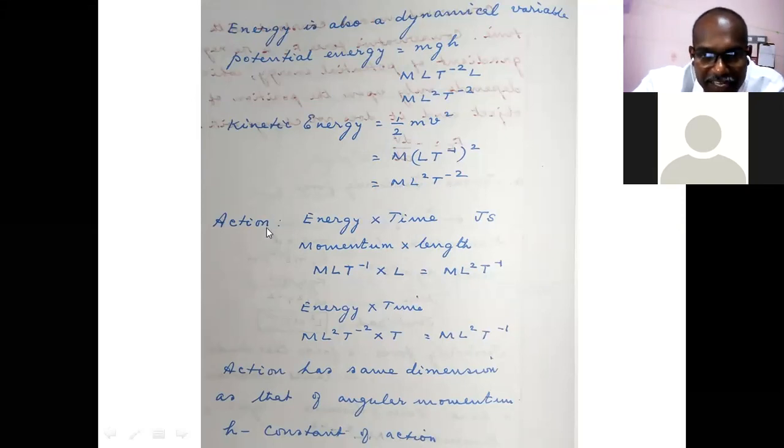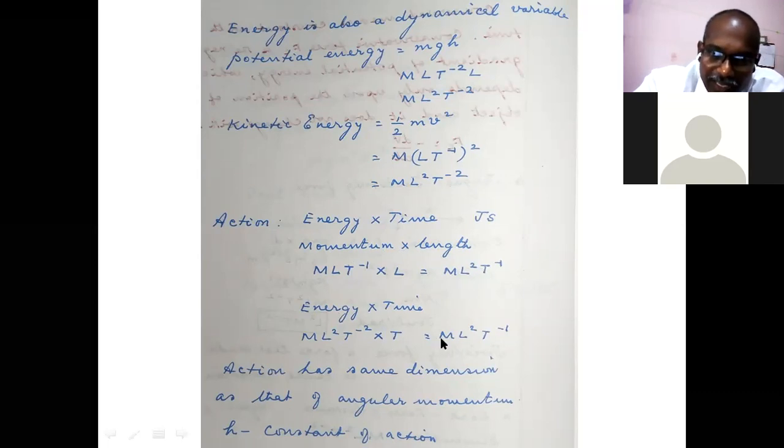So look at this action. Energy multiplied by time. That is joule second. What is energy? Momentum into length. That is M L T power minus 1 into length, which is equal to M L square T power minus 1, into another T for time.